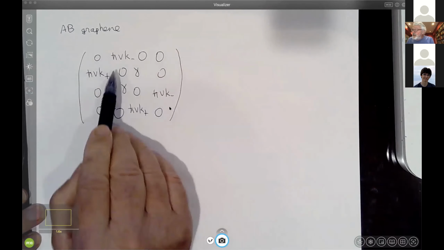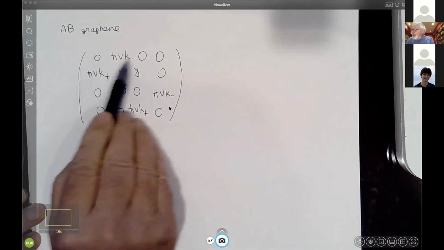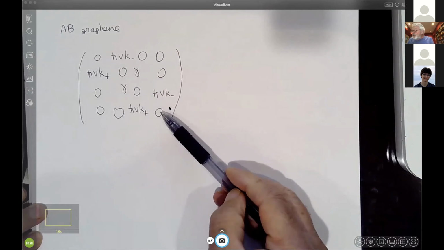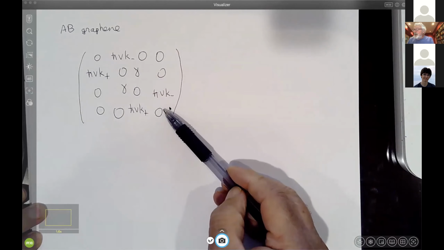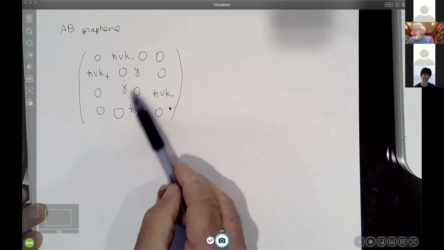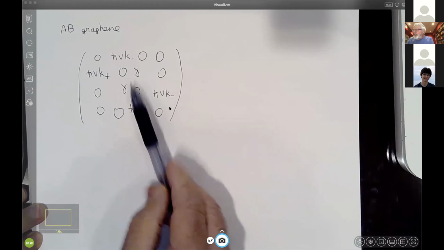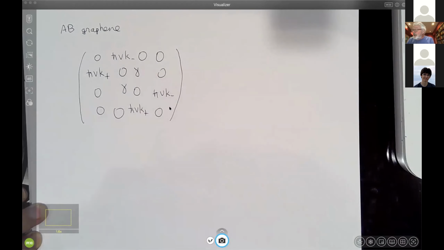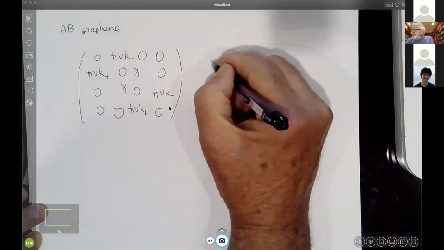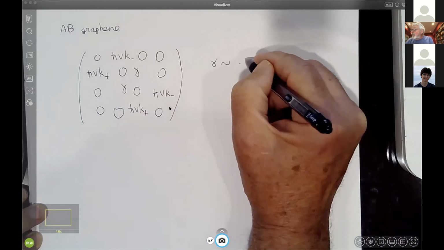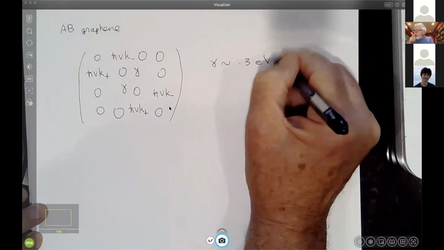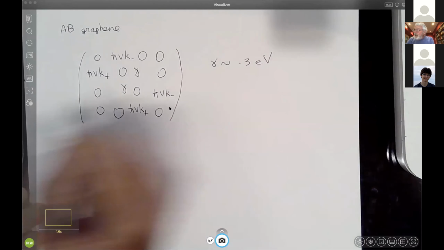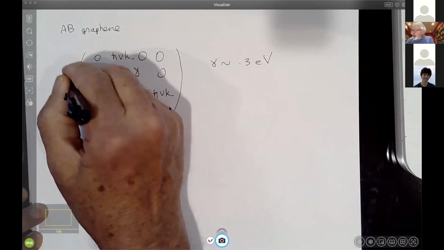And so if you go to zero momentum, momentum measured from the Dirac points, these two states on neighboring sites are pushed away from the Fermi level by gamma. Gamma is around 0.3 or 0.4 eV, and makes those high energy sites.